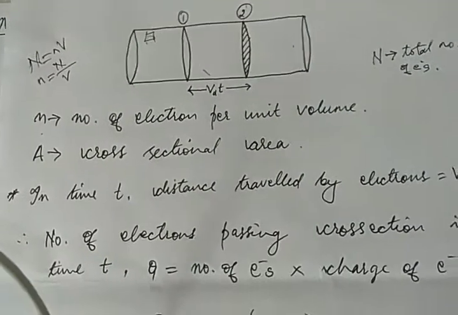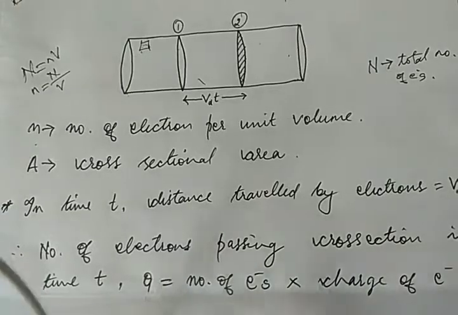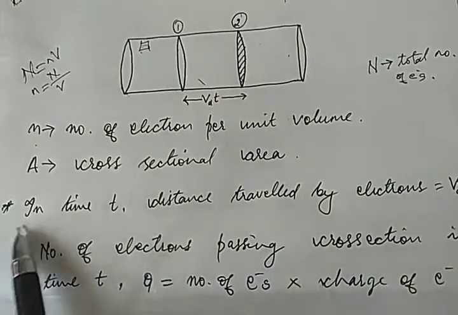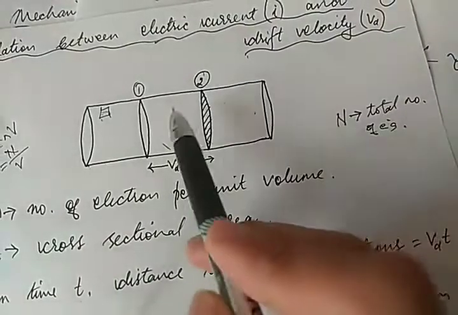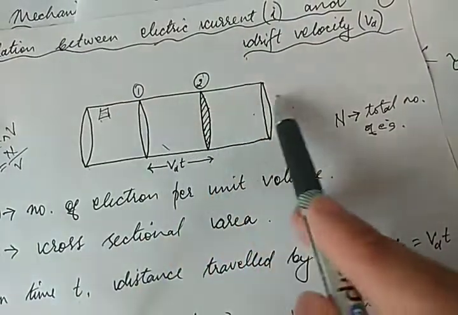Okay, so let us suppose a certain time t. Now we want to see what is the current flowing through this conductor.